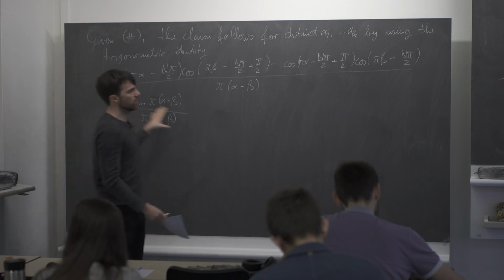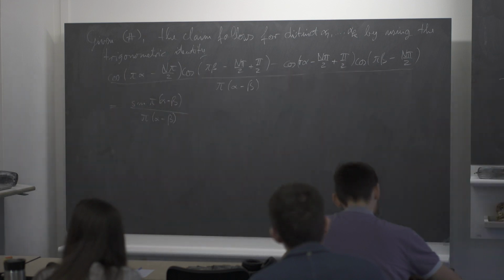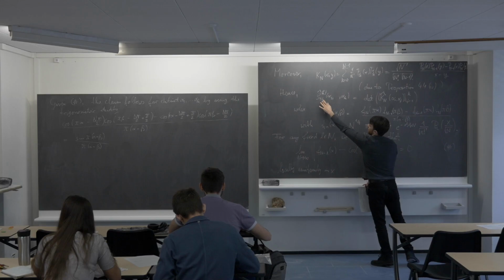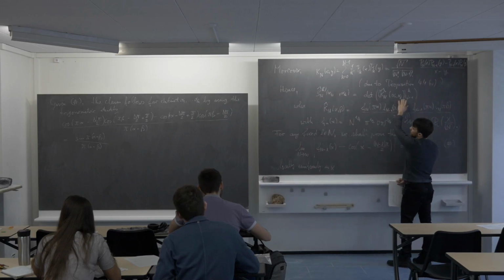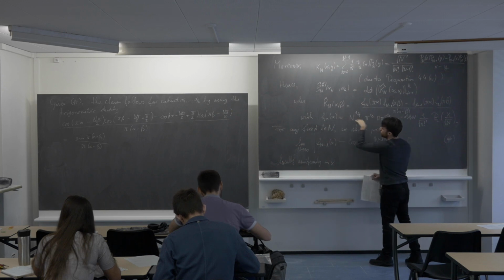Okay, so why is this enough? Now we know that the K_n hat has this structure with this kind of kernel.